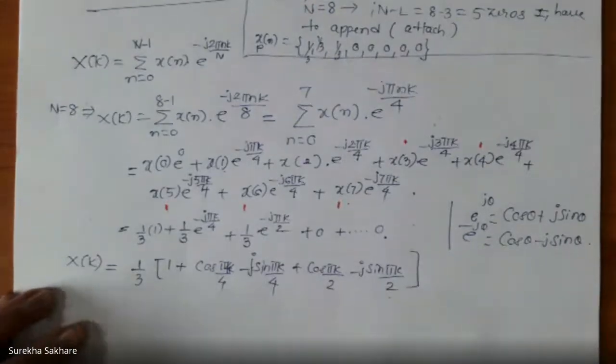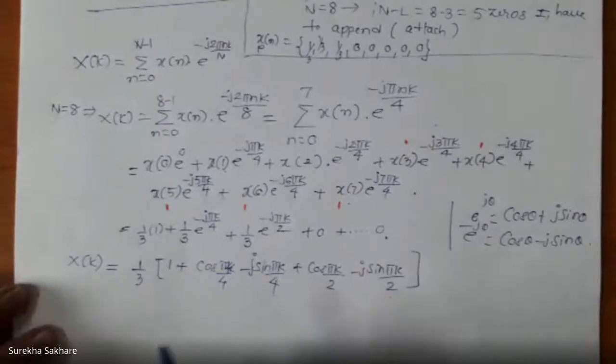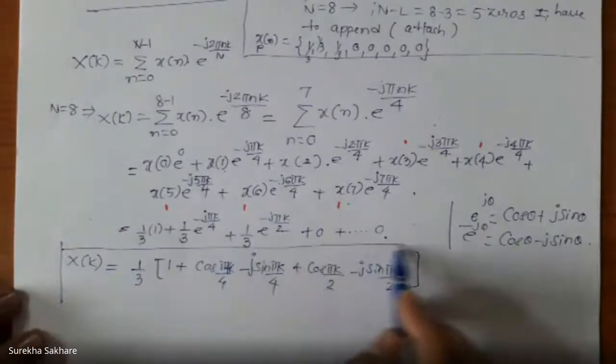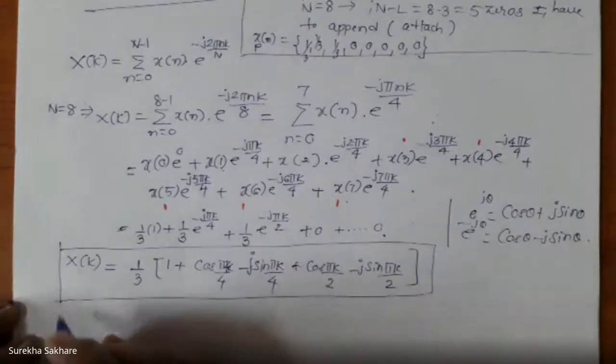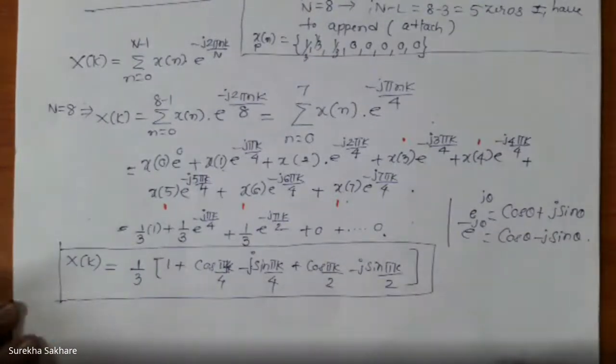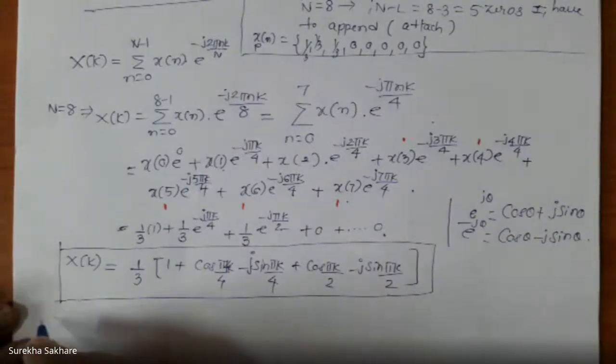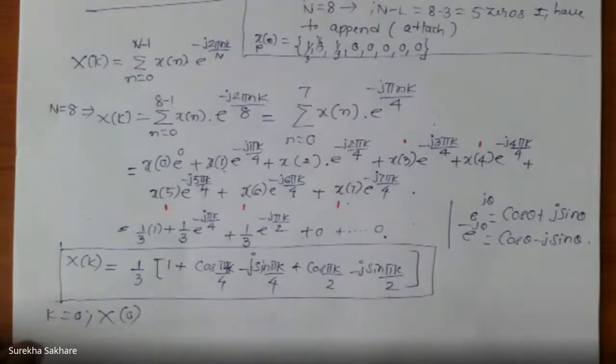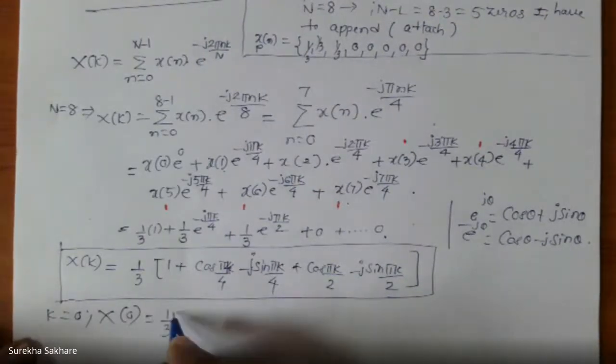Now this is my equation which I will be carrying forward for all the values of k. Okay, I will just have k equal to 0. I will find the first value, x of 0. This will be 1 by 3. Insert the value of k as 0 everywhere.